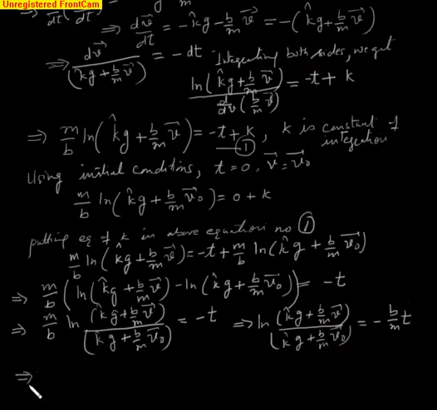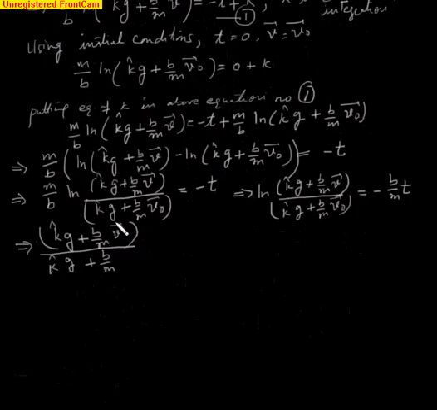Taking the exponential on both sides, the log goes to the other side and becomes exponential. So this equation becomes (kg plus b over m V vector) divided by (kg plus b over m V naught), equal to exponential of minus b over m into t.